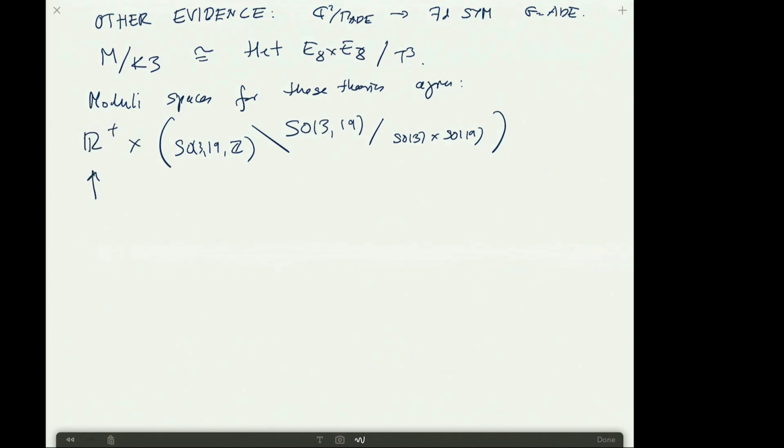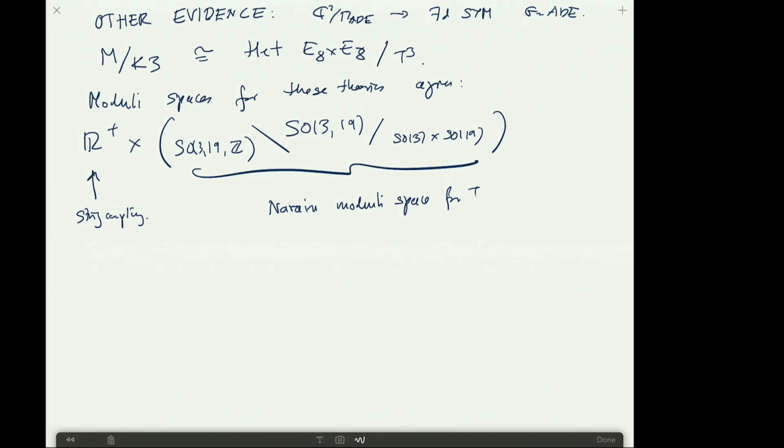So in heterotic, this is the string coupling, and this is the Narain moduli space for the T3 reduction. This is the heterotic picture.